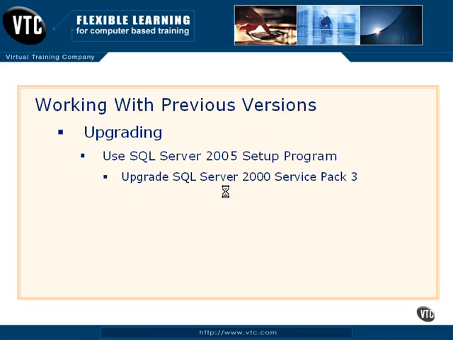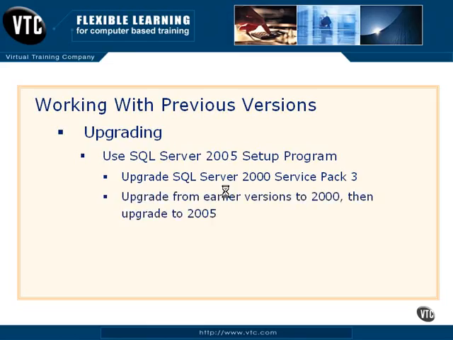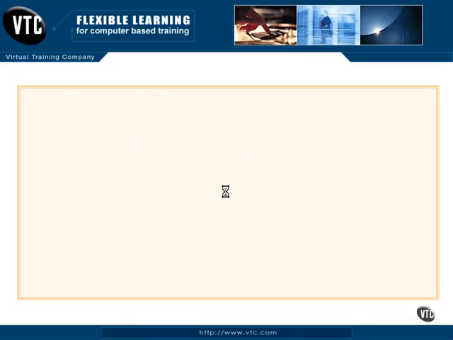So step one, simply run SQL Server 2000, install Service Pack 3 on SQL Server, not on Windows, but on SQL Server itself, and then you can upgrade that to 2005. If you have any version earlier than SQL Server 2000, you need to first upgrade 65, 70, whatever, to SQL 2000, then install Service Pack 3, then upgrade to SQL 2005, and you're done.